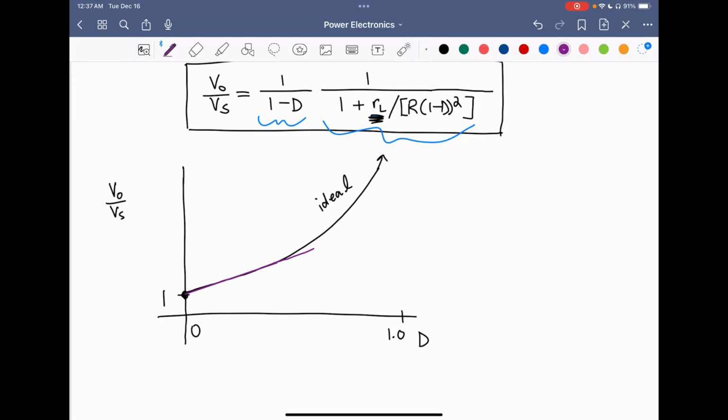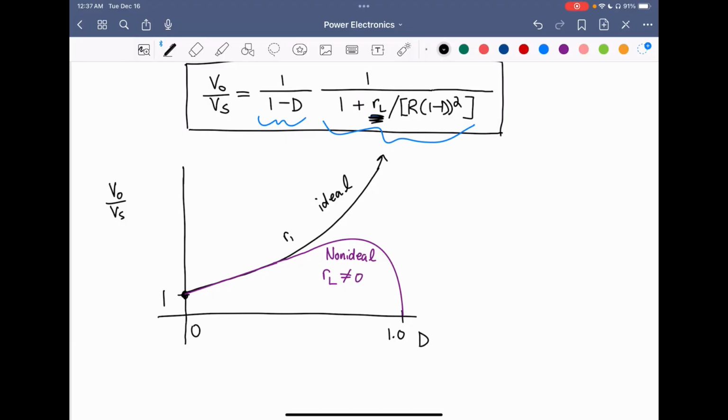However, as the duty cycle increases, the conversion ratio won't approach infinity. It'll actually fall back down like this. And at duty cycle 1, it might drop to 0. So this is the non-ideal case where RL is not equal to 0.